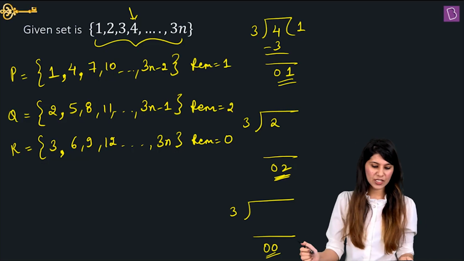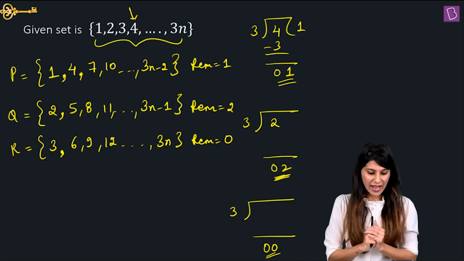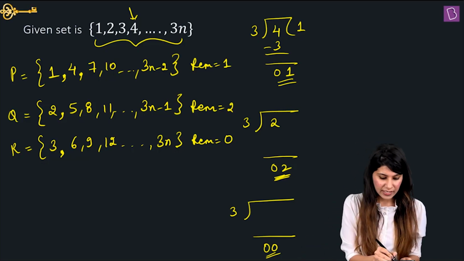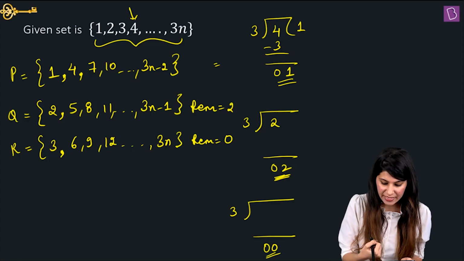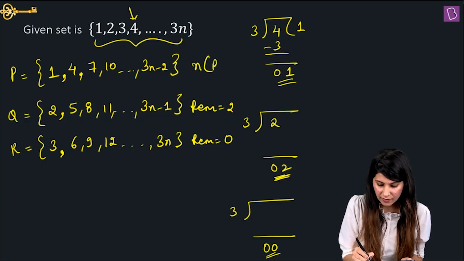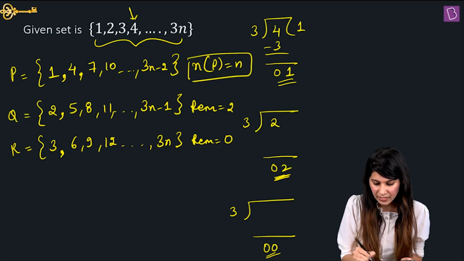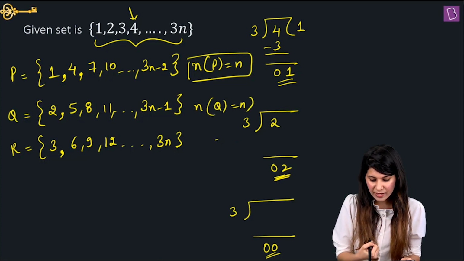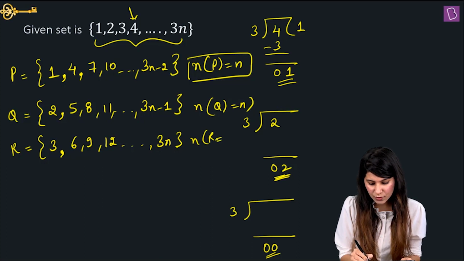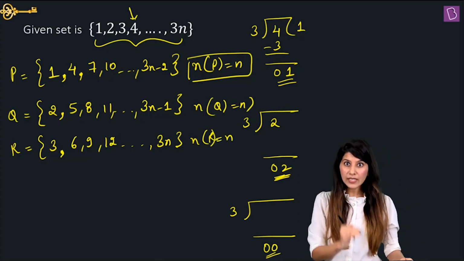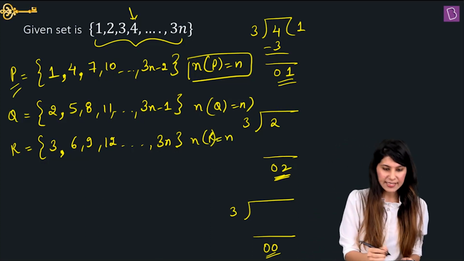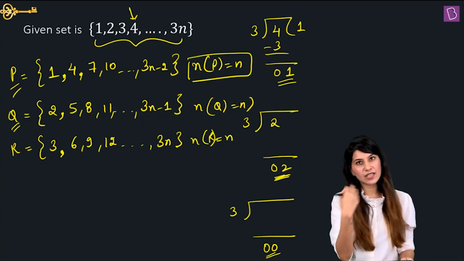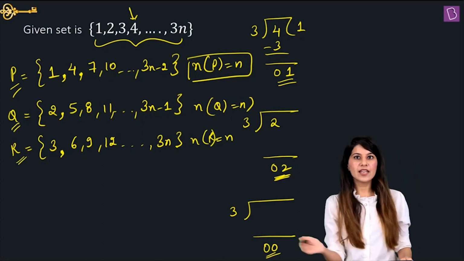This is the set P, Q and R. If you carefully observe, the number of elements in set P is n, the number of elements in set Q is again n, and the number of elements in set R is also n. So there are 3n numbers in total, and each set has n numbers.